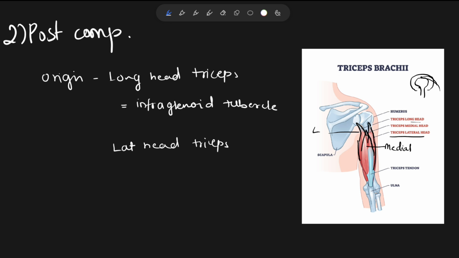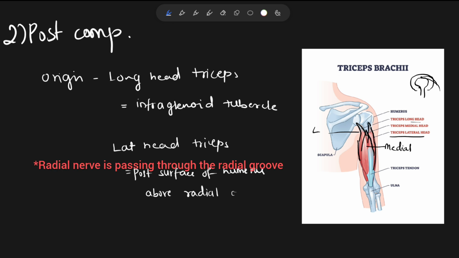Yes, the posterior surface of the humerus. Where is the exact location? Above the radial groove. We have the radial groove where the radial artery is, so from above that radial groove we have the origin of the lateral head.